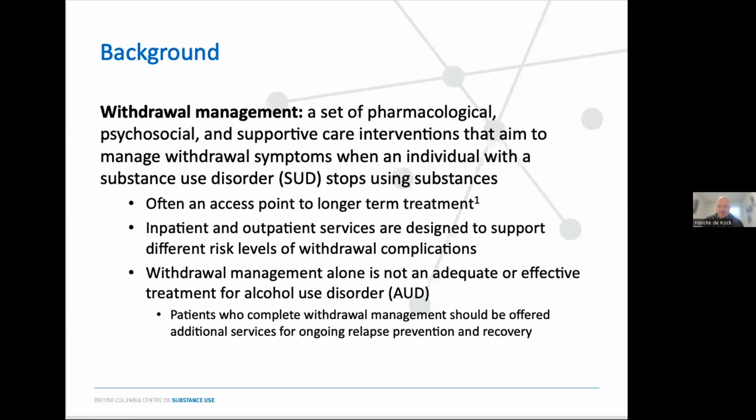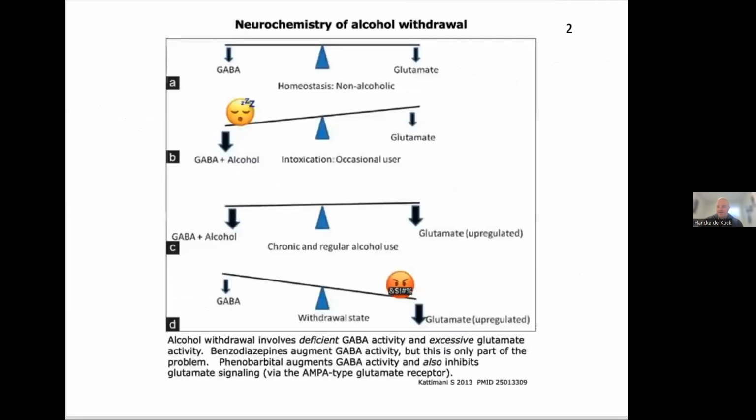Then symptom management, for example, over-the-counter medications for pain, as well as for nausea. And then the pharmacotherapies, typically benzodiazepines, anticonvulsants, or alpha-adrenergic agonists. So the choice of the pharmacotherapy depends on the level of risk, which I will also discuss further in the upcoming slides. It is important to note that withdrawal management alone is not adequate for effective treatment of AUD.